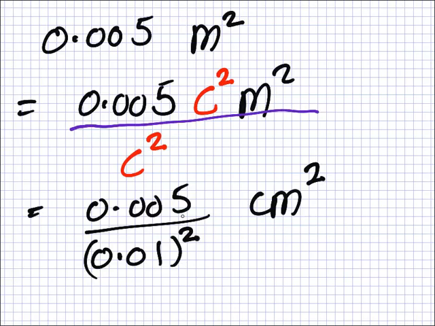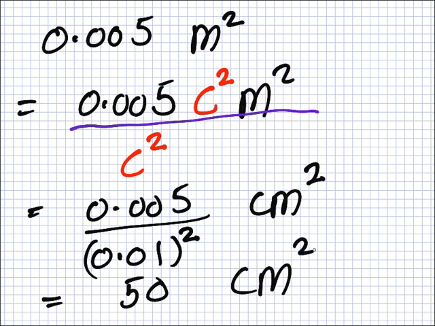And that should equal 50 on the calculator, centimeter squared. Yeah, this is great. This is a much better way to do it. Because there's less thinking. Thinking is hard. Yeah, it sure is.